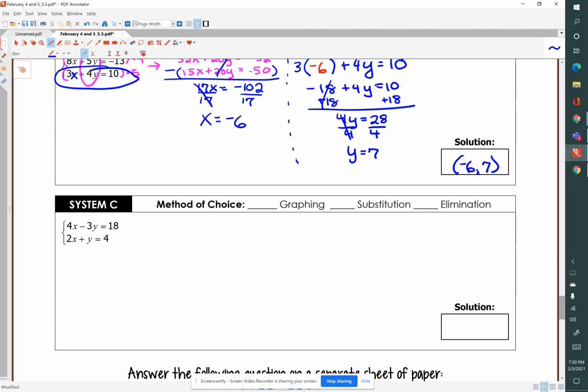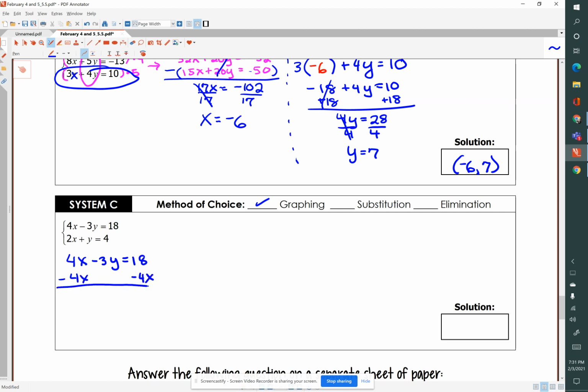So I guess we're going to be graphing this next system. We haven't used that method yet. If we're going to hand graph this, we need to put these in slope-intercept form. The first equation is 4x minus 3y equals 18. So I will subtract 4x from each side.